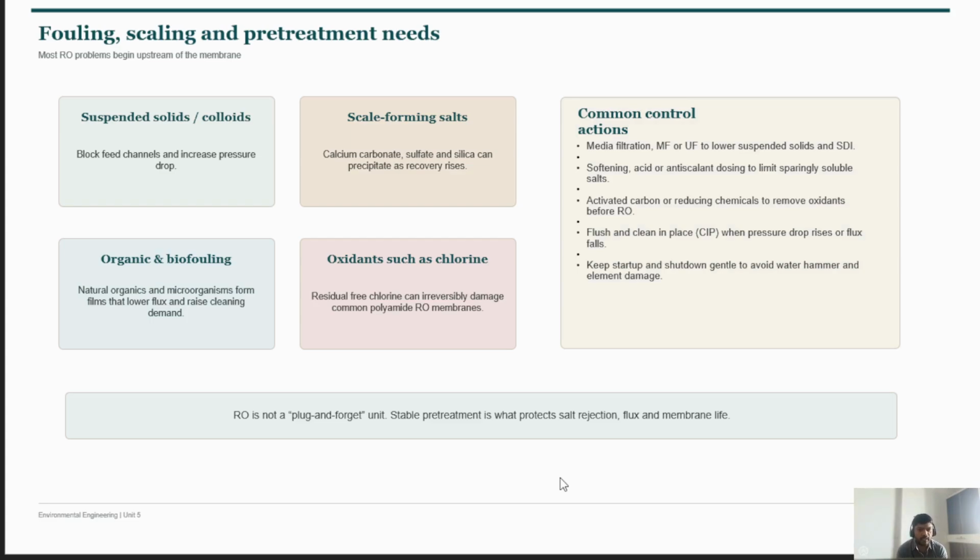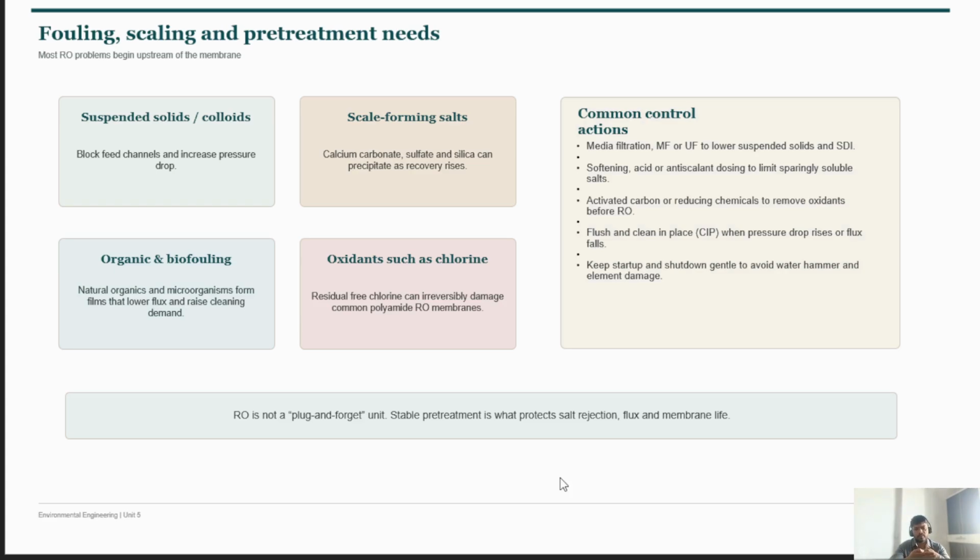So how frequently the cleaning, the backwashing is required. If you do the proper maintenance of the membrane, it will help to increase the life of your membrane. It is a common difficulty in any kind of membrane technology. The organic biofouling, that is the natural organic matter and the microorganisms form a film on that particular membrane, which is a semi-permeable membrane.